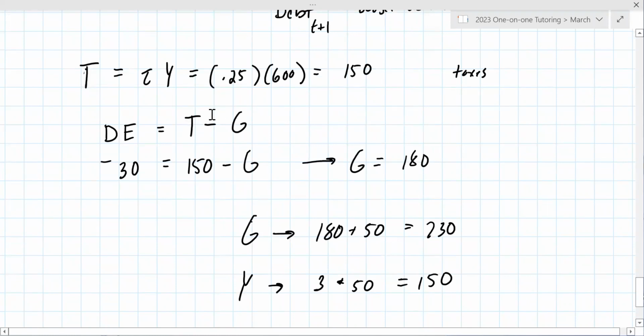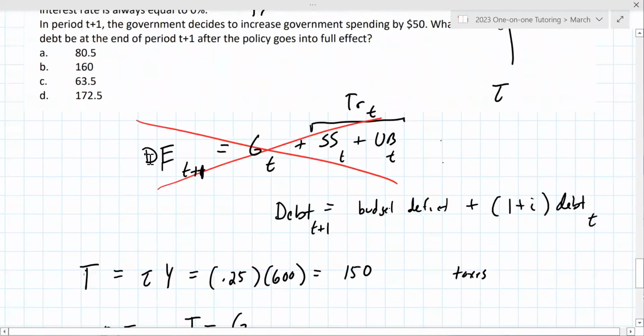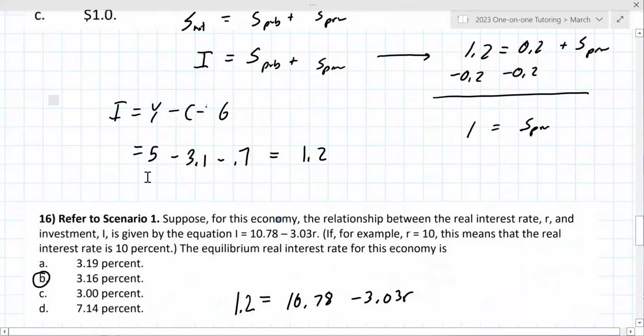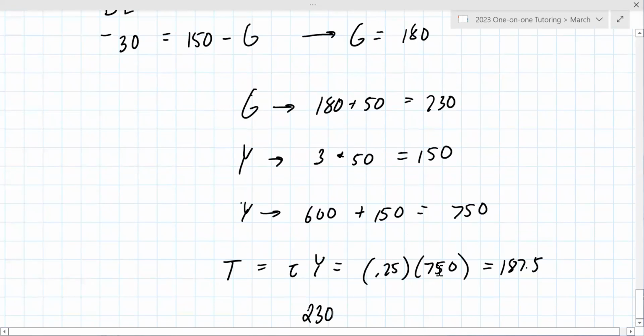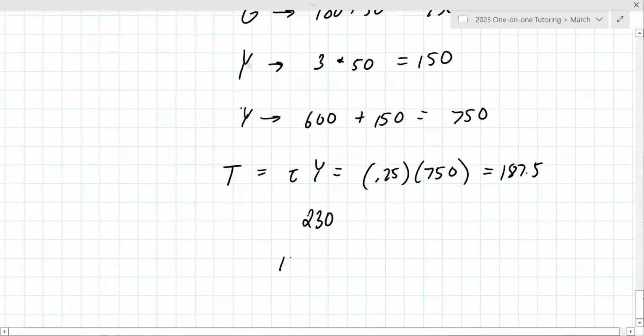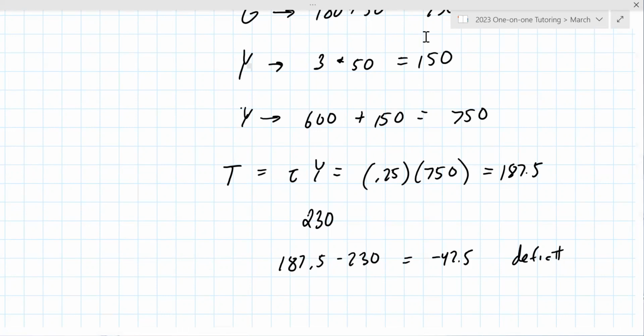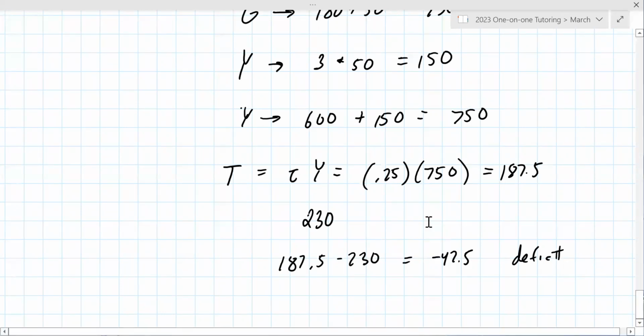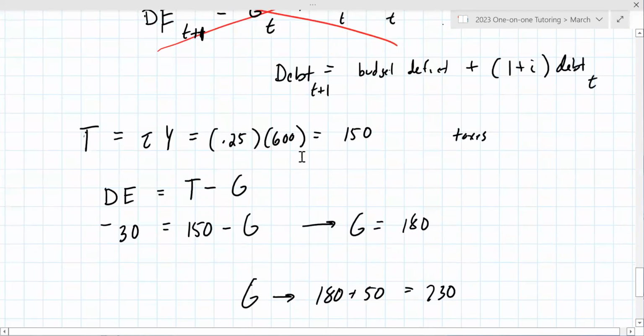Is it T minus G or G minus T? It's T minus G, I guess. So 187.5 minus 230 is minus 42.5, which is the new deficit.